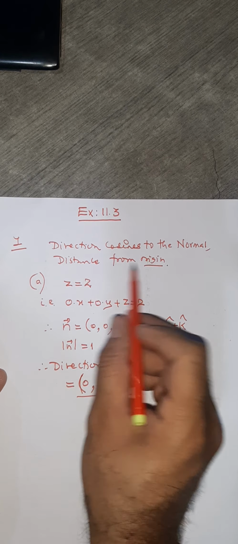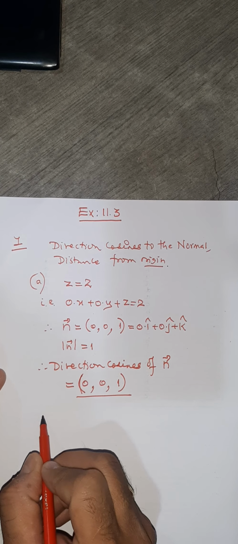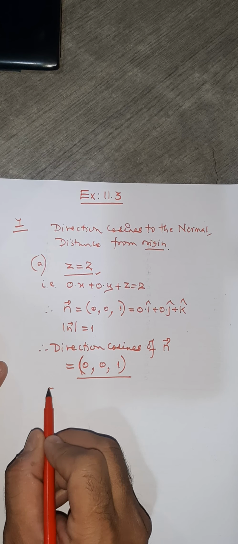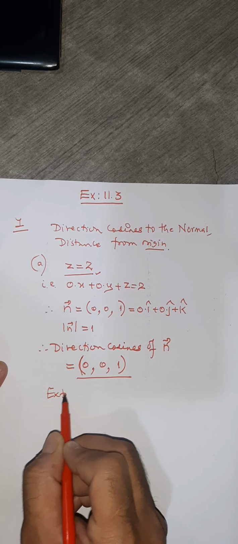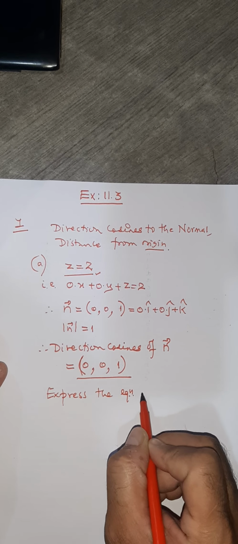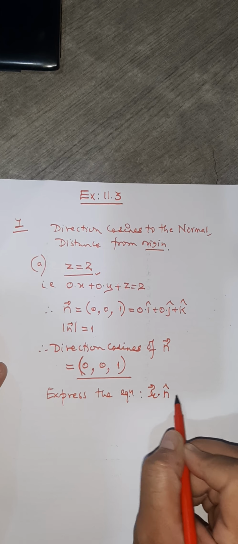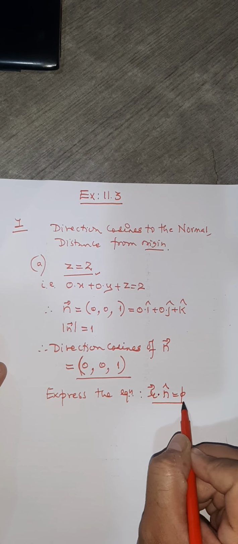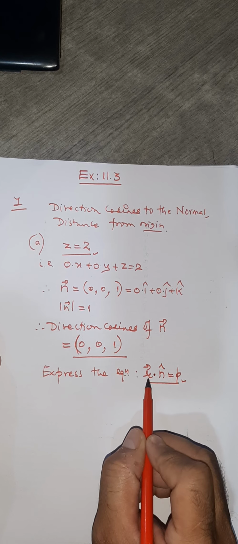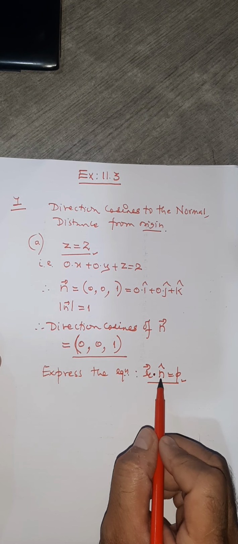Now the distance from the origin. There are two ways. One way is you express the given equation in this form: vector r dot n cap equals to p. So p gives us the distance from the origin. Now r means the variables x, y, z, and the normal should be a unit vector.